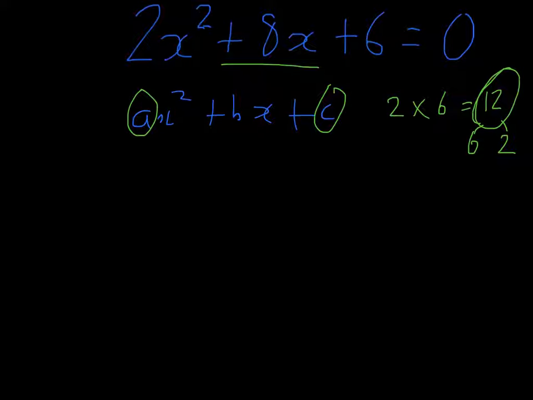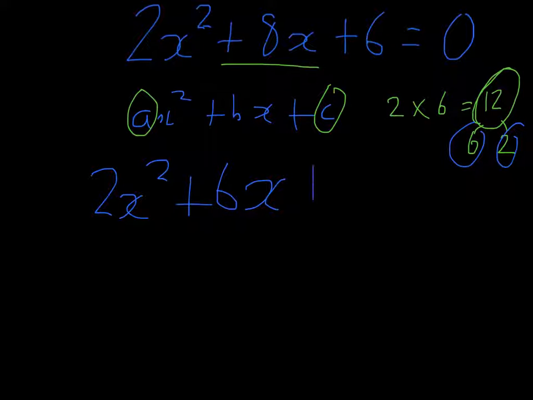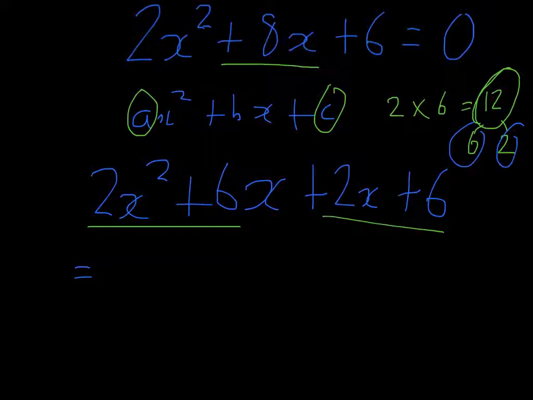So therefore, I can start making my equation a little easier to work with. 2x squared plus, I use these terms as the middle two, so I expand it further, plus 6x plus 2x plus 6. Then I can simplify this quadratic equation. I look for the highest common factor between two of the terms. In this first pair, you can take out 2x.